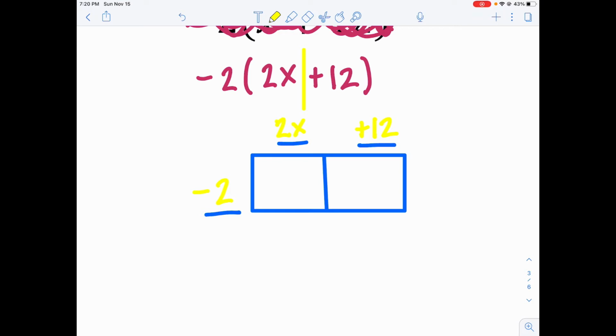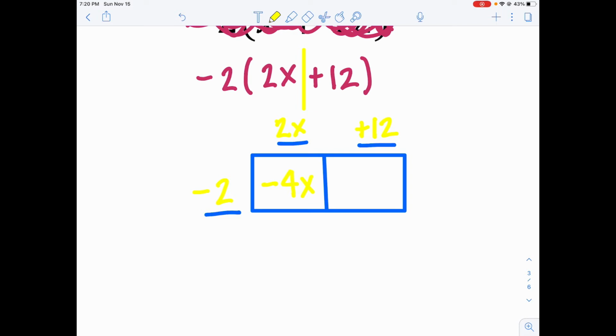All right, now we're going to multiply to get what goes inside of the boxes. A negative 2 times a positive 2x. When you have a number in front of the x, you're going to take the number times whatever the number was. So a negative 2 times a positive 2 is a negative 4. And then I keep my variable. So negative 2 times 2x is a negative 4x.